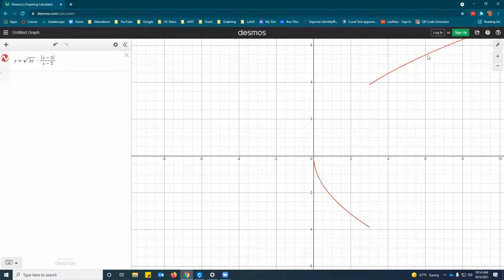And as we approach 3 from the right, we're getting closer and closer to the positive square root of 15. So as we approach 3, the limit does not exist because the left and the right side are clearly not matching up. Also, in general, Desmos is a great tool to use. If you are not sure what this thing looks like, you can graph it and see, oh yeah, the limit doesn't exist.